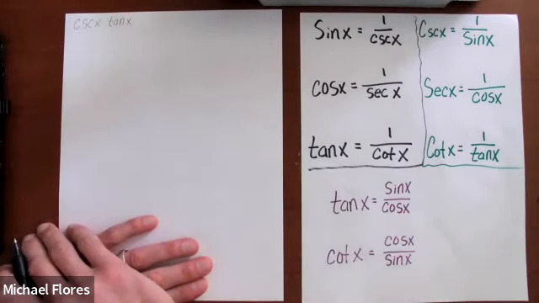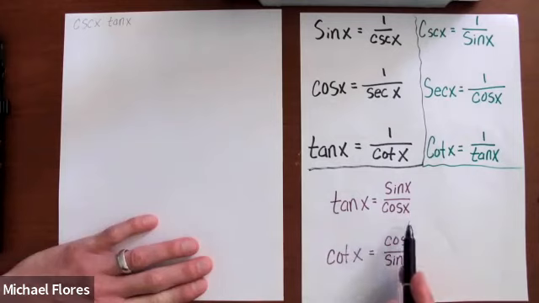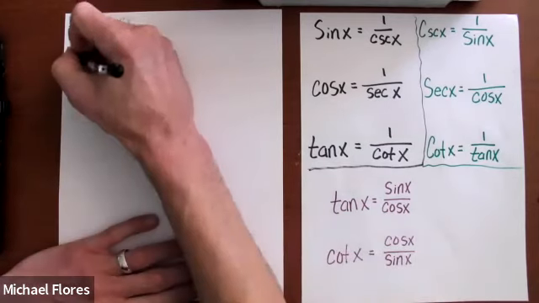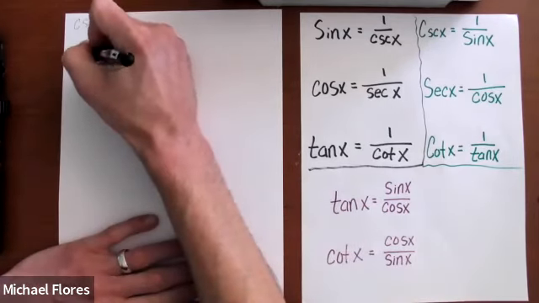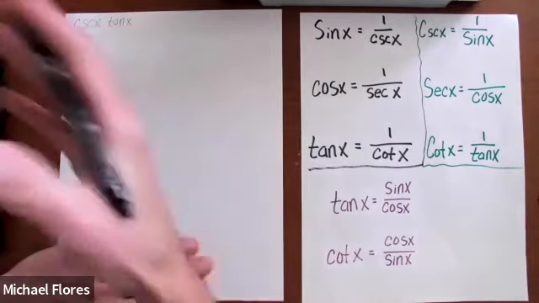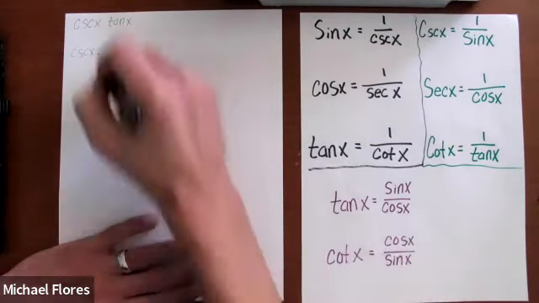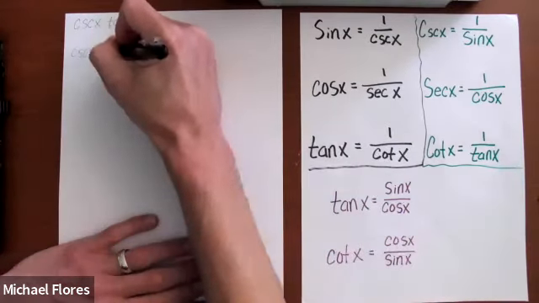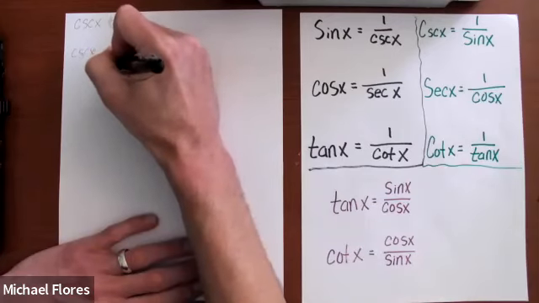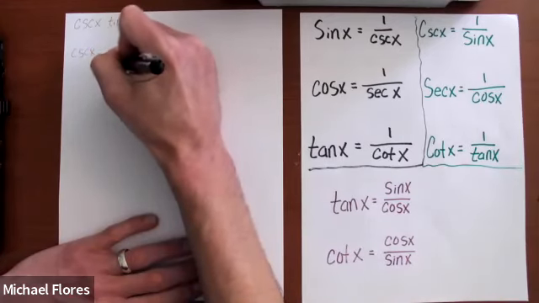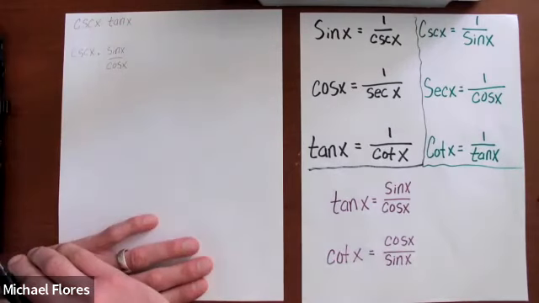Okay, cosecant times tangent. If I see tangent, I'm going to want to most likely change it to its quotient identity. So let's start there and see if that helps. Cosecant times, instead of tangent, let's do sine over cosine. Okay, that didn't help.